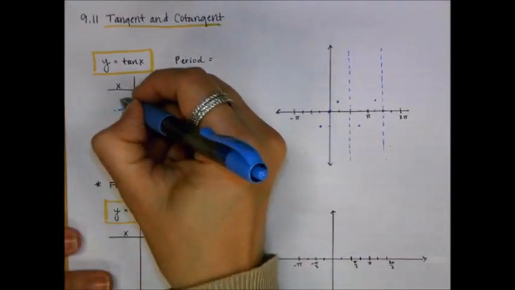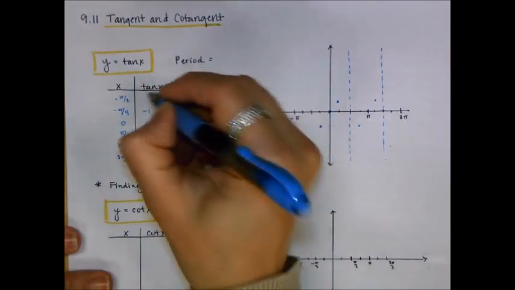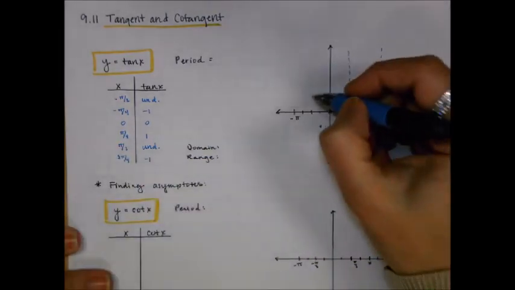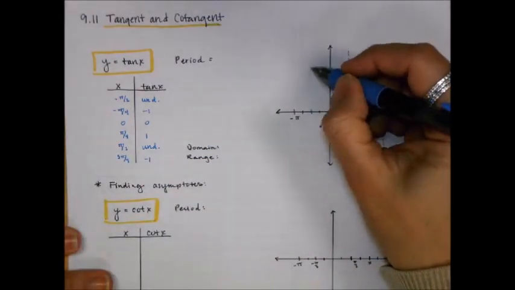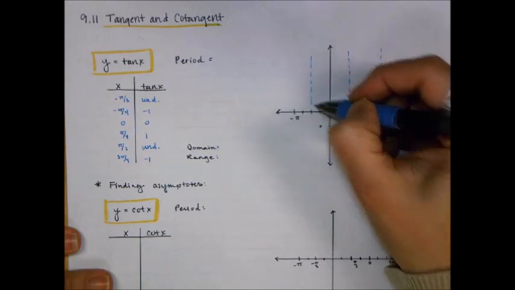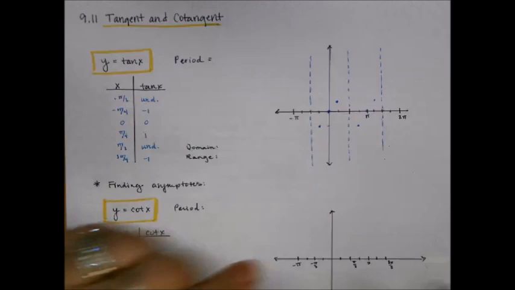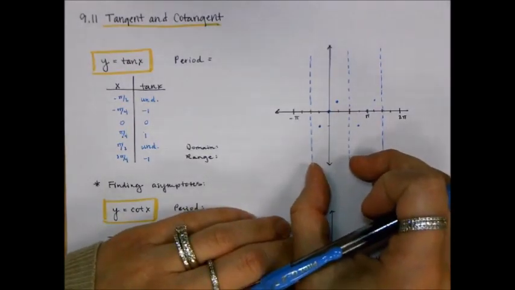And then negative pi over 2, again, tangent would be -1 divided by 0, and so it's undefined again. So we would end up with a vertical asymptote here along x equals negative pi over 2. So the first period of tangent is between these two vertical asymptotes.